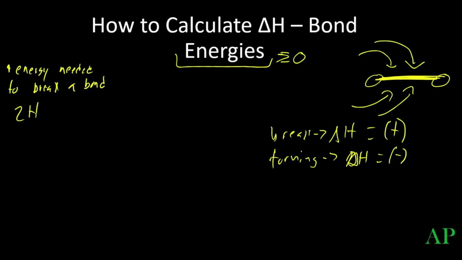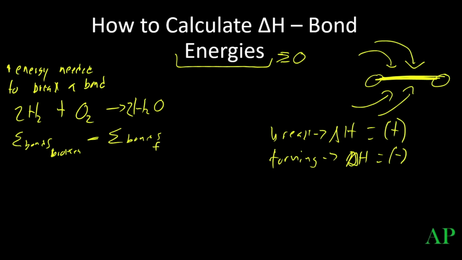That being said, what do you do with this information? Let's use the same equation that we had last time, the formation of water from its constituent elements. And we're going to see the formula in this case is going to be the sum of all my bonds that are being broken minus the sum of all the bonds that are being formed.